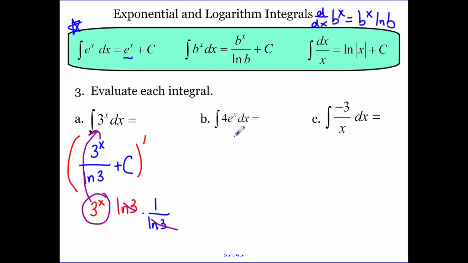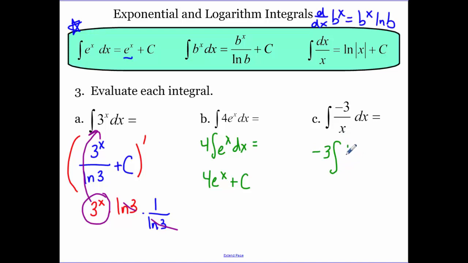I could pull that 4 out in front, e to the x dx. The integral of e to the x is just e to the x. And our last example, I can pull that negative 3 out in front.